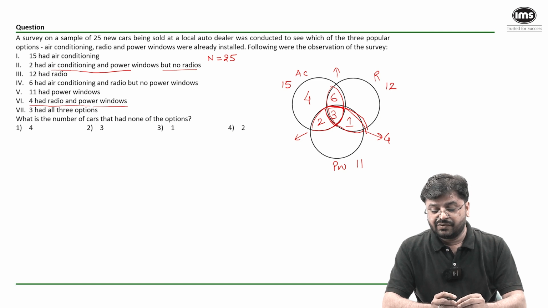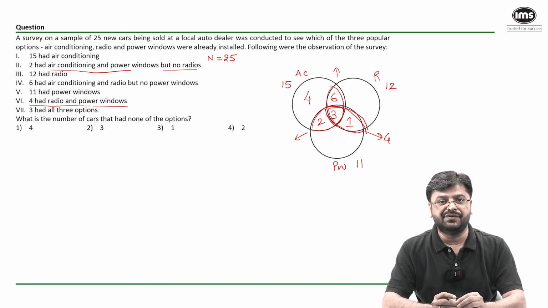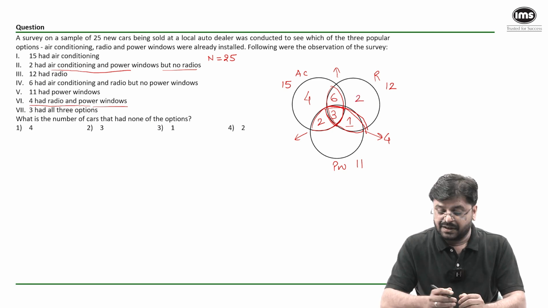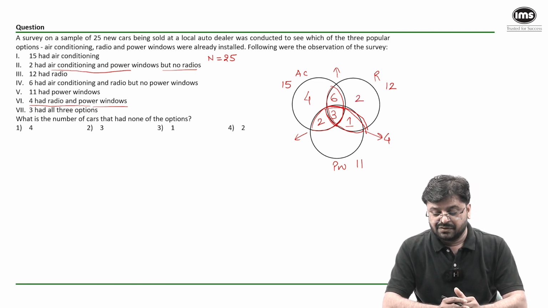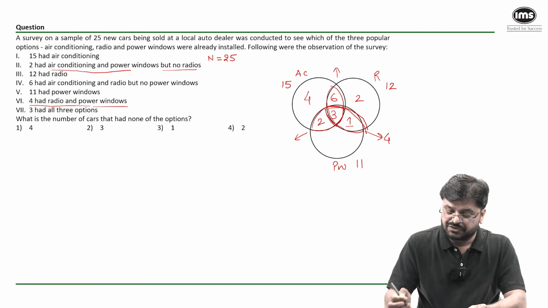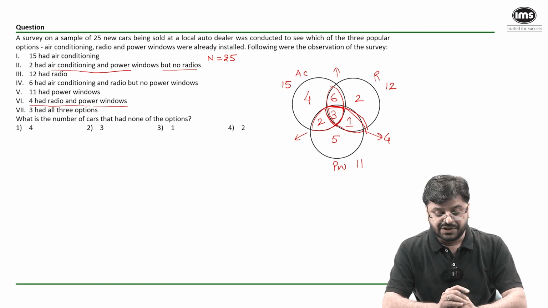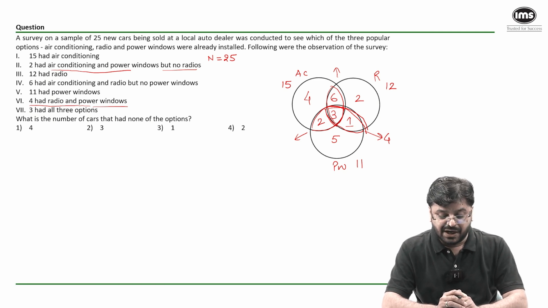Same way, 12 cars have radio, out of which 10 have at least one other feature also. So the remaining 2 will have only radio. Out of 11 which have power window, 6 have at least one more feature, which means the remaining 5 will have only power window. Now the question is, what is the number of cars that had none of the options?